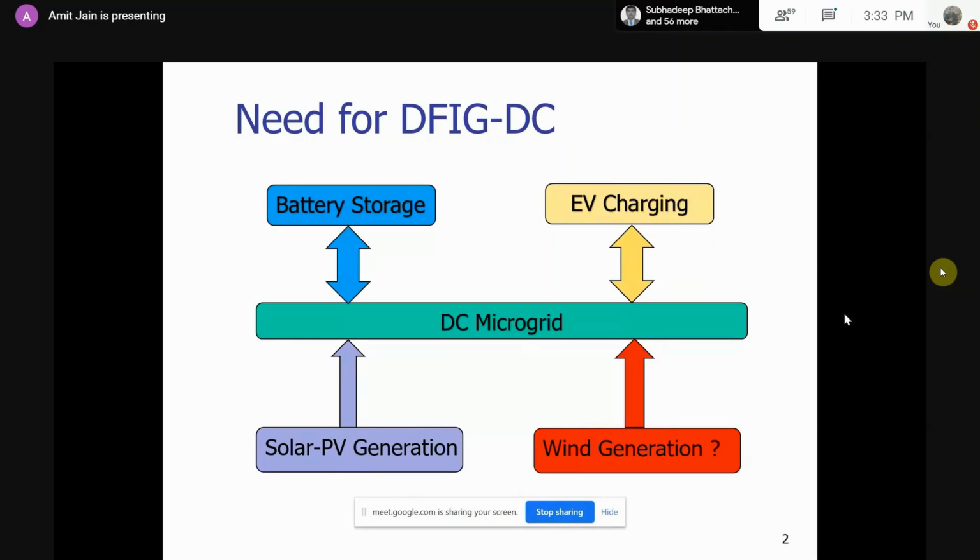Why the DC microgrid is important is that it is independent of frequency. So that's why it is easier to transfer power from one place to another, and most of our loads are actually DC.